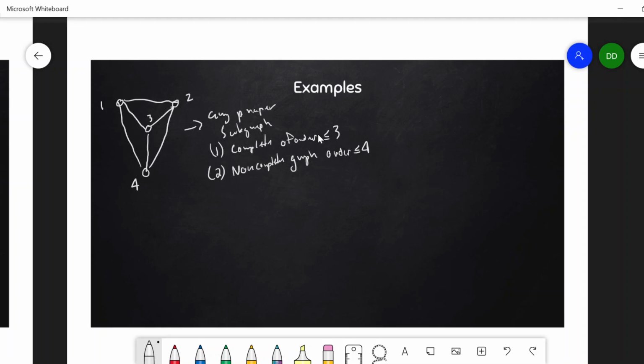If I have the complete graph of order 3, my chromatic number of the proper subgraph would be less than or equal to 3.